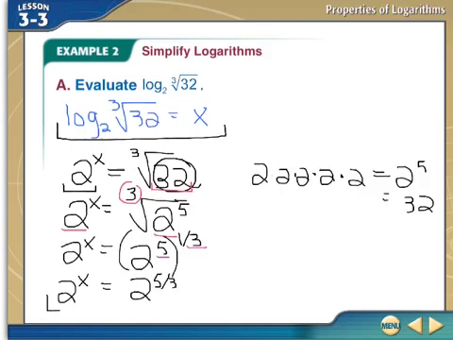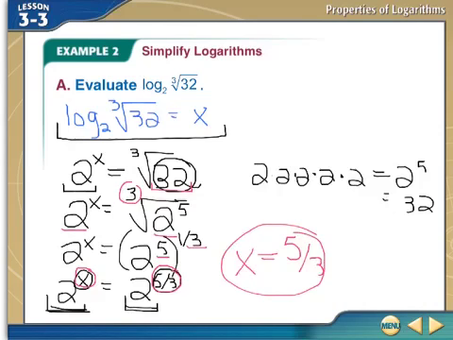So since 2 to what power is equal to 2 to the 5/3, since my bases are the same, that implies my exponents are equal. So I get x equals 5/3. And that is the value of log base 2 of the cube root of 32: 5/3.